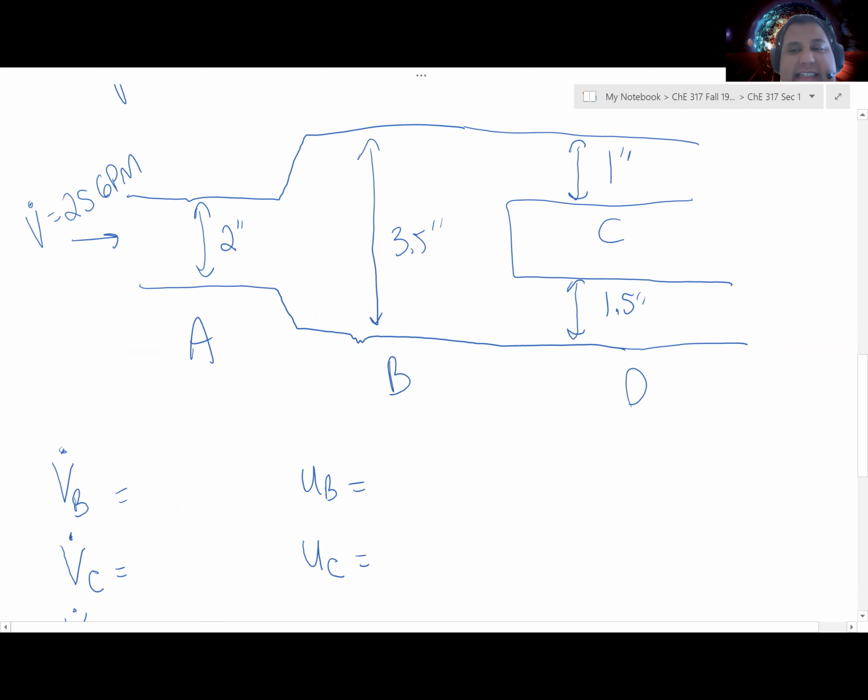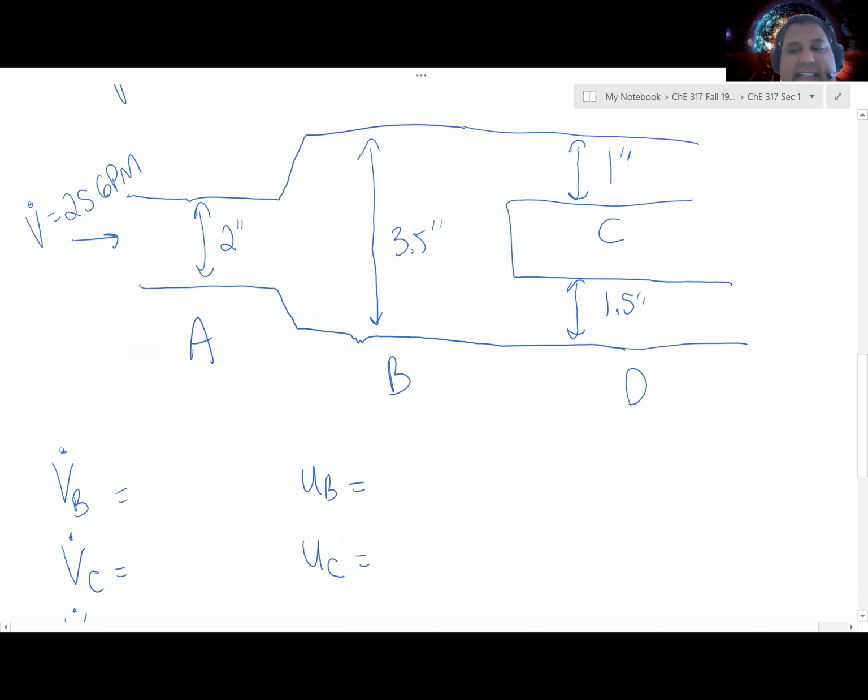where you have section A at 2 inches, section B at 3.5 inches, and then a combination of sections C and D at 2.5 inches, where you have C in the top, D on the bottom. And that means the relative flow rates between C and D are only dependent on the pipe diameters as compared to the whole.